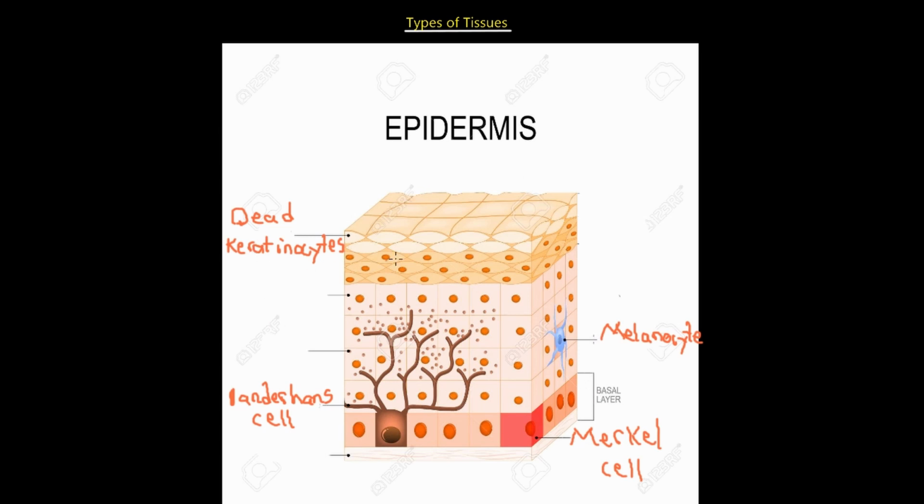You need to know keratinocytes exist on the very top with the dead keratinocytes protecting us. The Langerhans cells are going to be the cells that kind of mesh around, and they're going to be producing the immune response in case there is an attack by a pathogen. And melanocytes are the pigment cells. So they're the cells that are responsible for the color of our skin.